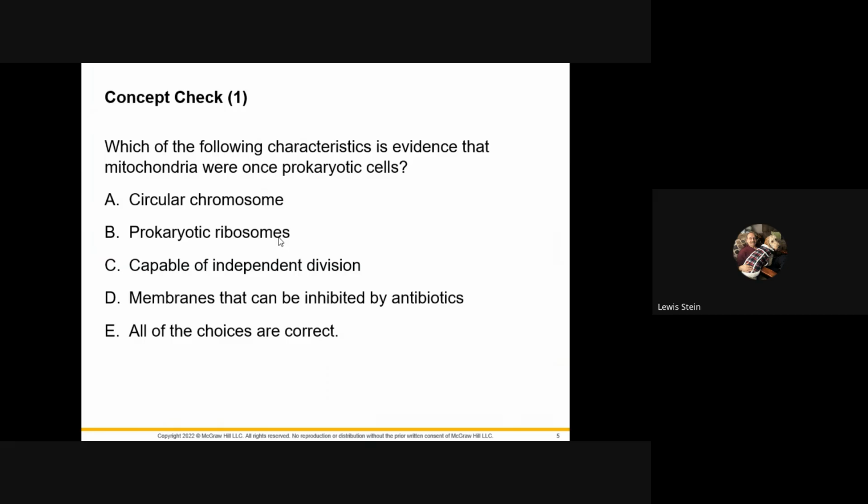And what will happen is you'll begin to lose those mitochondria because they won't replicate. Mitochondria don't last forever. They have a lifespan. And eventually, when they fulfill their useful period, they disappear. They're kind of gobbled up intracellularly. So they have independent division, and I suppose they can be inhibited by antibiotics, certainly, because we do have membrane antibiotics. They're not very useful, and all the choices are correct.